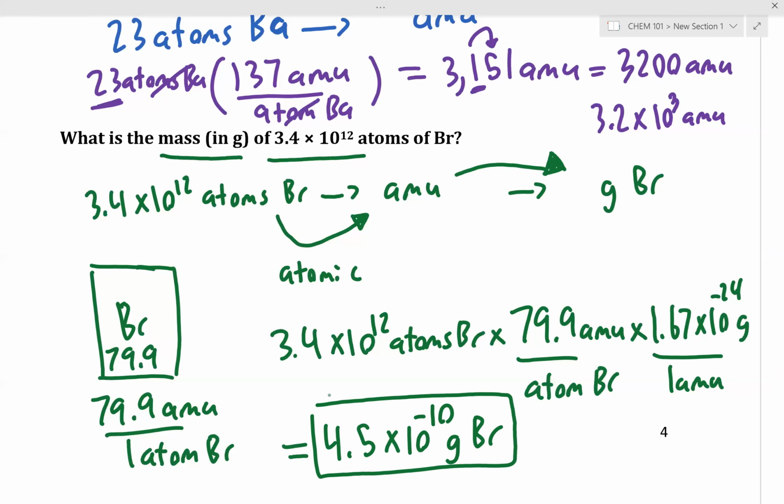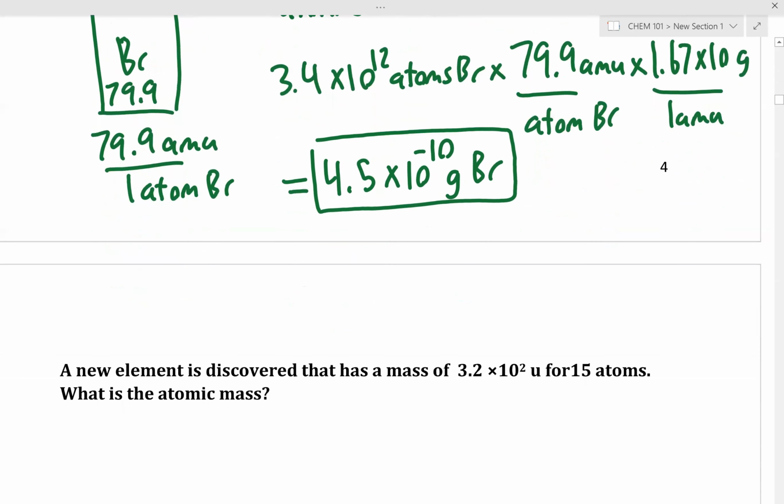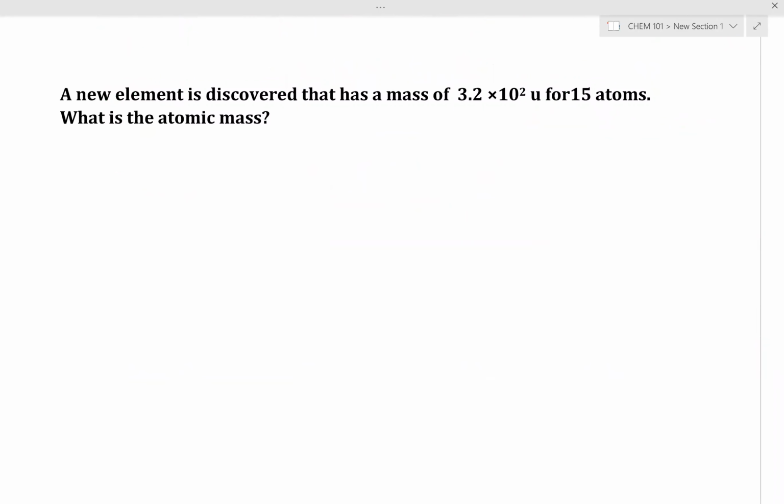So now let's have you solve one of these problems. This time we're given an element has a mass of 3.2 times 10 to the second AMU for 15 atoms. As this is a new problem, we're going to do this first type of problem together. Looking at this problem, what pieces of information are we given?